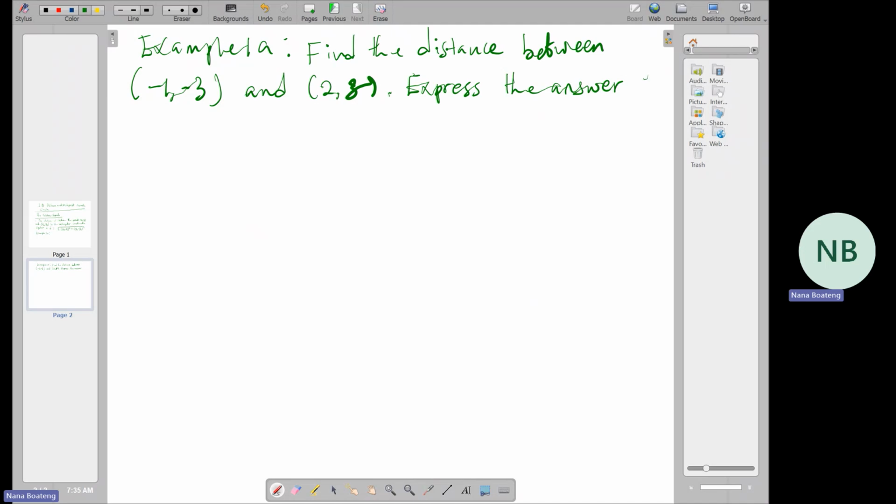Express the answer in simplified radical form, then round to two decimal places.